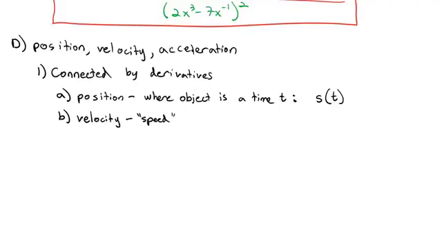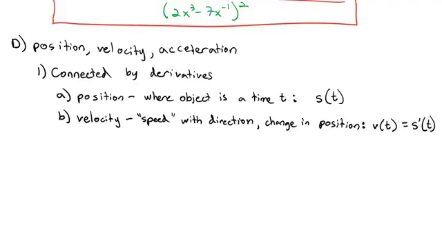Velocity does have a direction, positive generally meaning to the right, negative generally meaning to the left. So speed with direction, or the rate of change at which the position is changing. So the change in position. So we will use v of t to represent the velocity at a specific point in time, but because it's the change in position, we say that it's the derivative of the position.